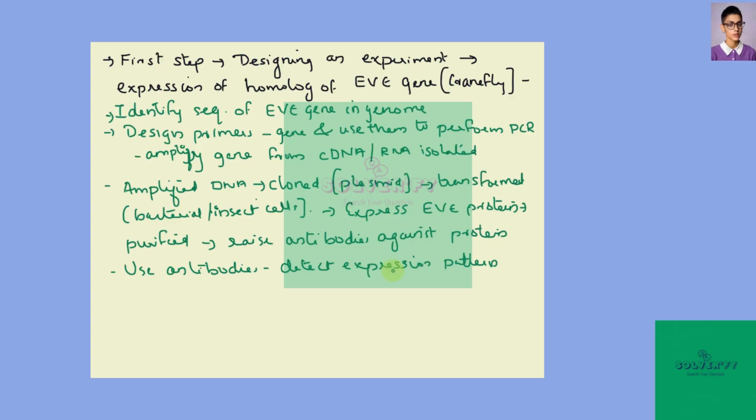One approach would be to perform immunohistochemistry on cranefly embryos at different stages of development using the antibodies to detect the presence of EVE protein in different tissues and cells.